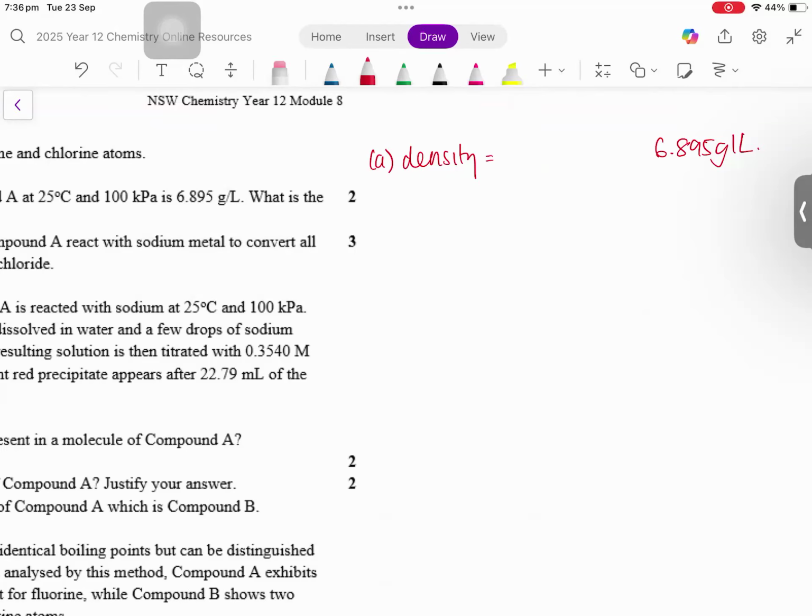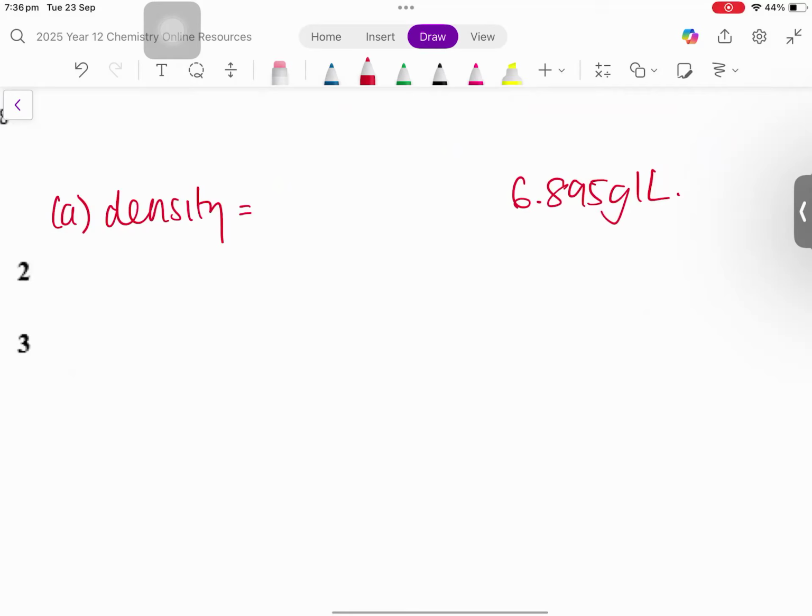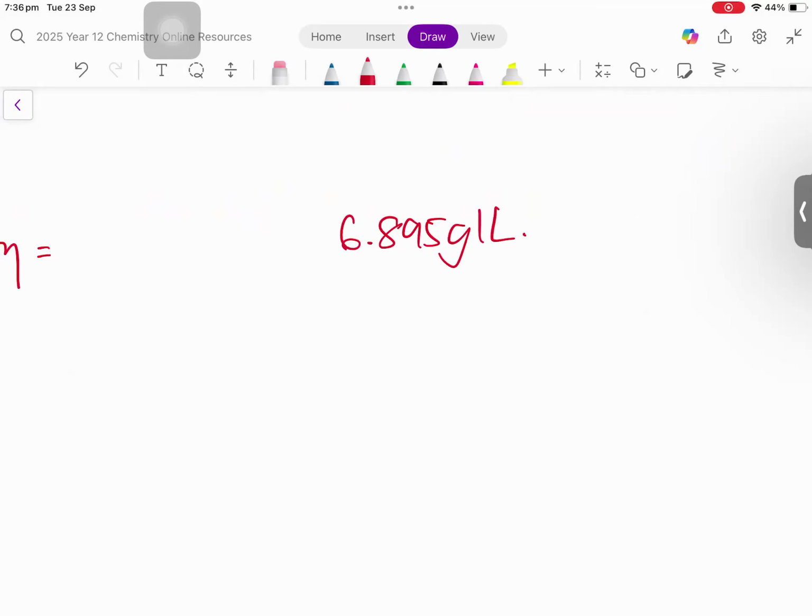The units of density are grams per liter, which is grams divided by liter. What variable is grams? Is grams moles? Is grams volume? Is grams concentration? Grams is mass. And what letter do you use for mass? M.